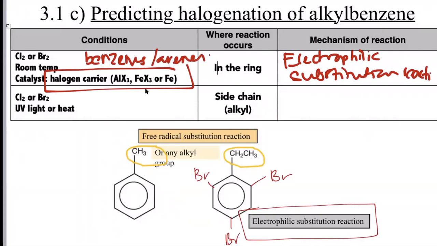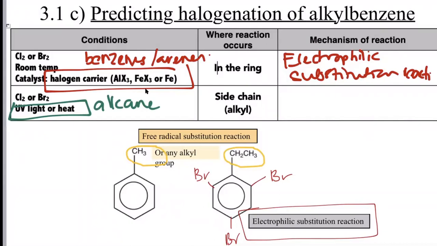The next one is if you use the same reagent again, chlorine and bromine, but the condition is now different: UV light or heat. This condition is specific for an alkane. So the reaction happens on the side chain, on the alkyl group.